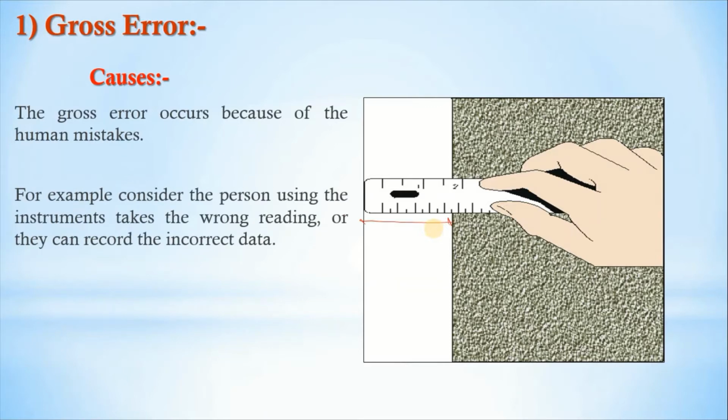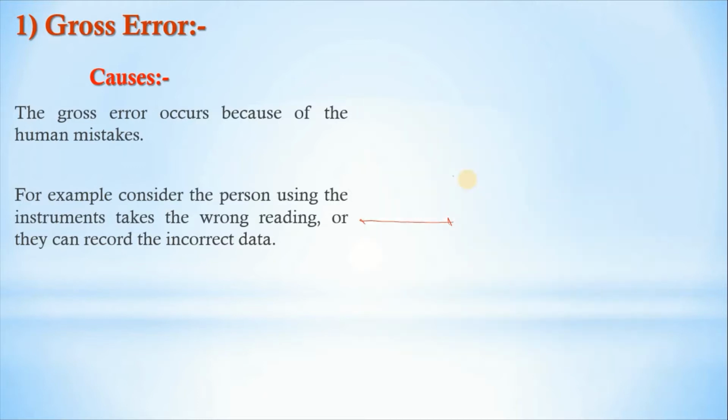Like consider using an instrument, taking the wrong reading, or recording incorrect data. Here the human is taking the reading, and if he takes the wrong reading or measures the incorrect data, these are the human mistakes and that implies the gross error.